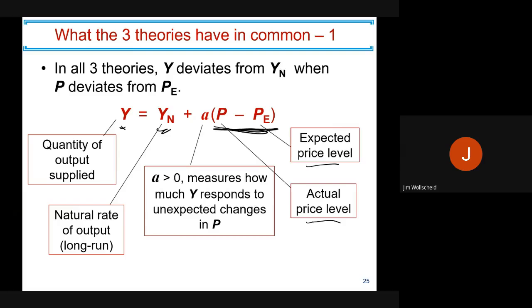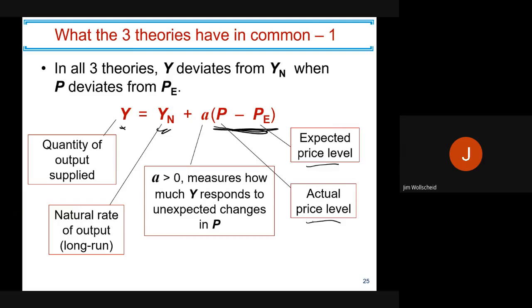Why this doesn't matter in the long run is because in the long run, these two things are the same. So that's why in the long run, we just have the up and down line. However, in the short run, prices deviate and they change, and we still respond to them in the short run about what we do and how we work.